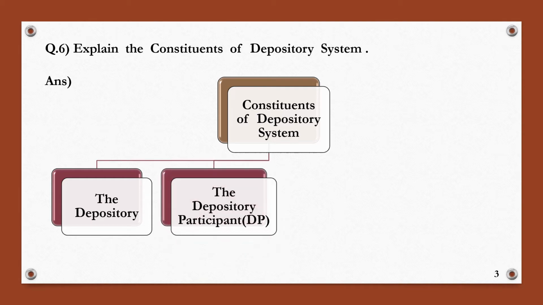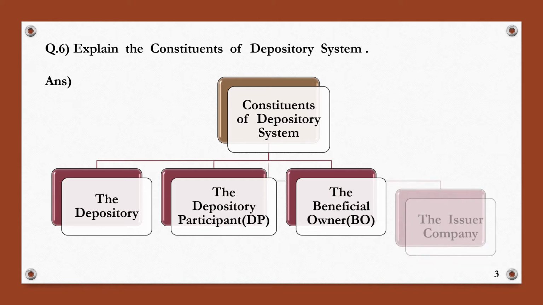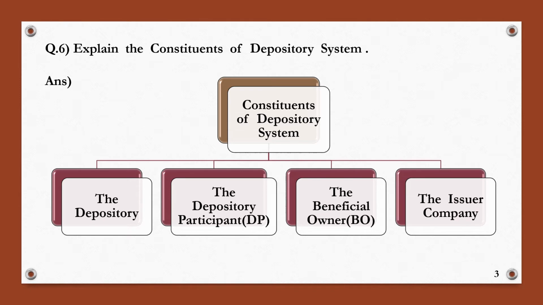The second constituent is the depository participant, that is the DP. The third constituent represents the beneficial owner, that is BO. And the fourth constituent represents the issuer company. So accordingly, there are four constituents of the depository system.